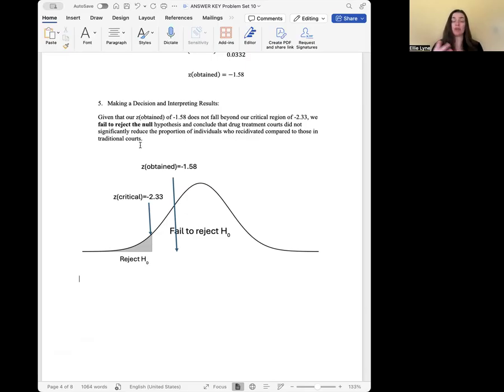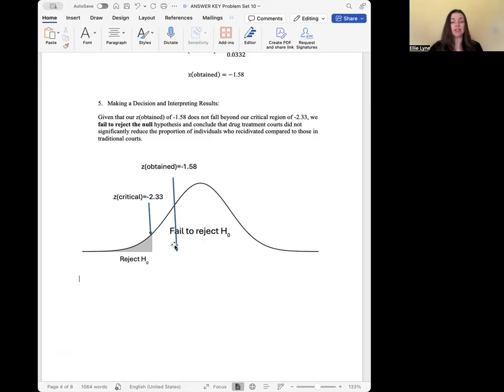So let's interpret the results within the context of the problem. All right, let's revisit what the problem actually was so that we can do that. An example interpretation here is that given that our Z obtained of -1.58, again, yours might differ a little bit depending on how you rounded along the way, does not fall beyond our critical region.